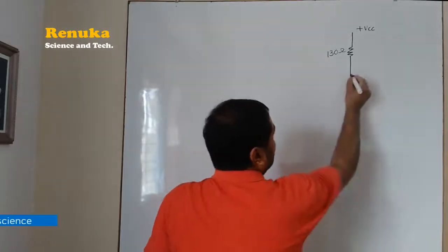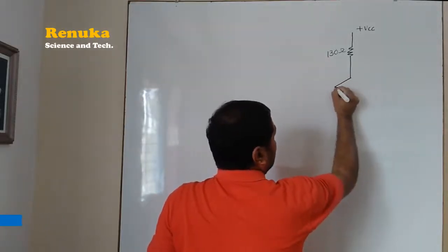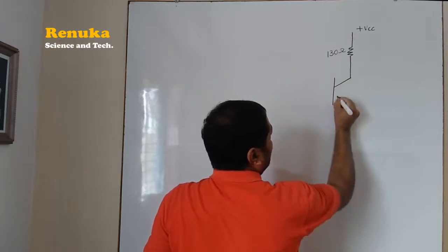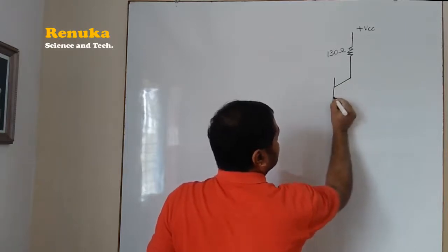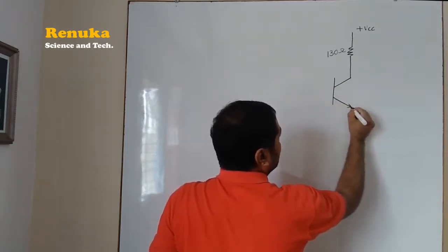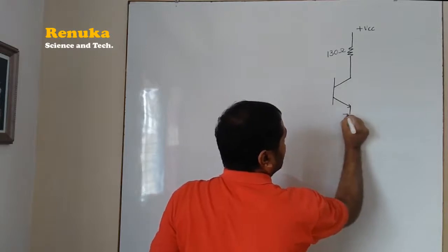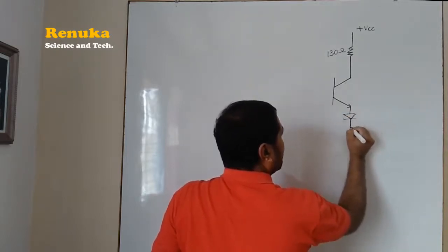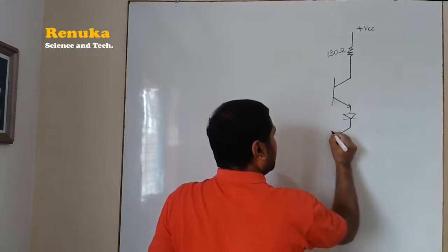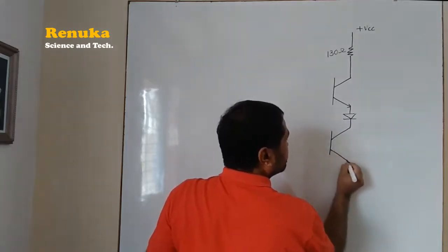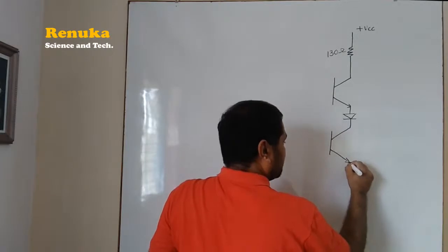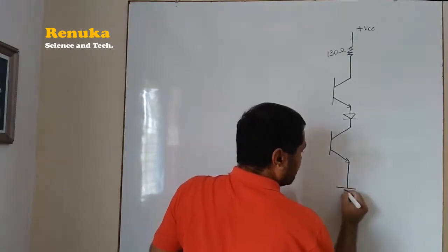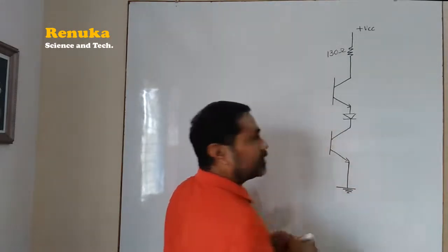After this resistor, it is connected to the collector of a transistor, and the emitter of this transistor is connected to a diode. Then after the diode, another transistor is connected like this, and the emitter of this transistor is connected to the ground.